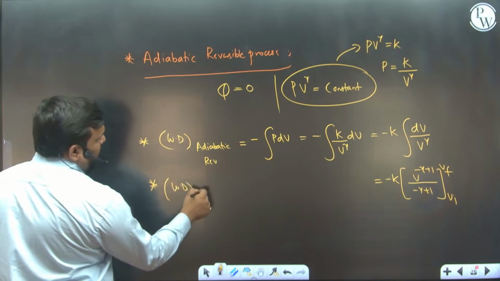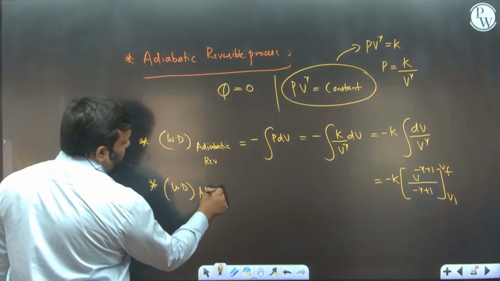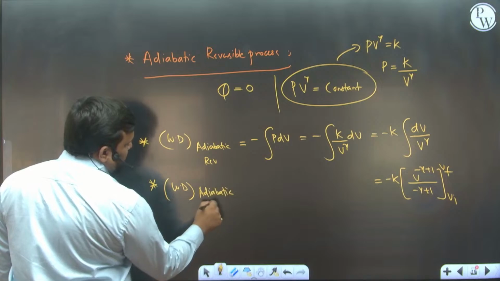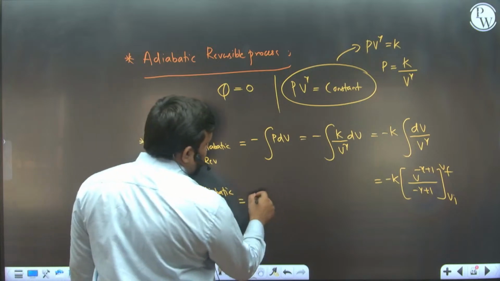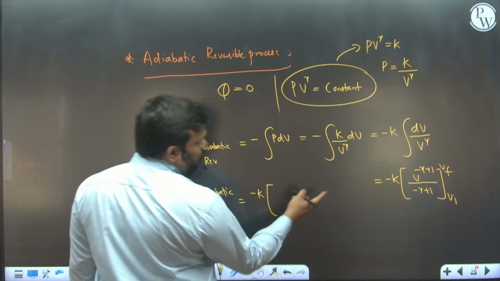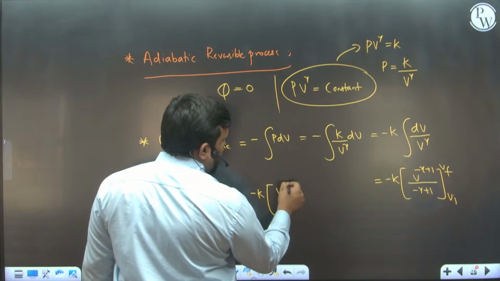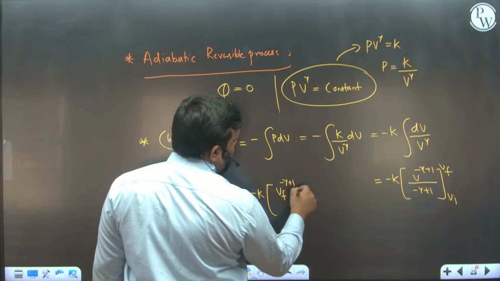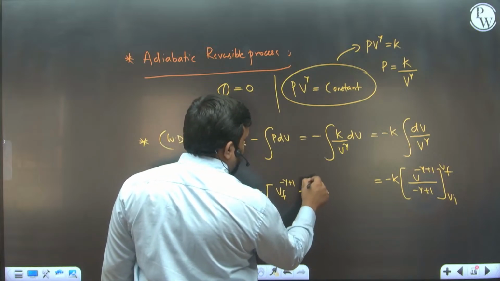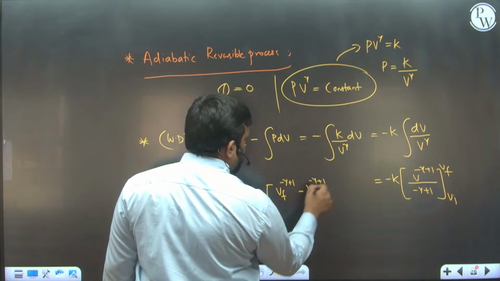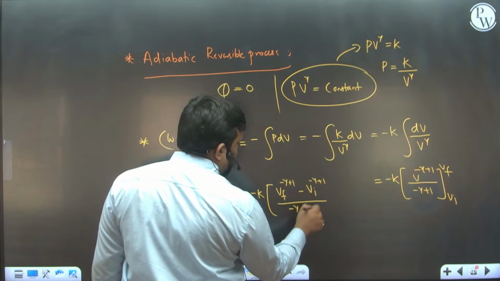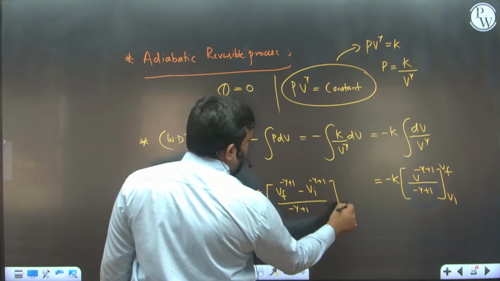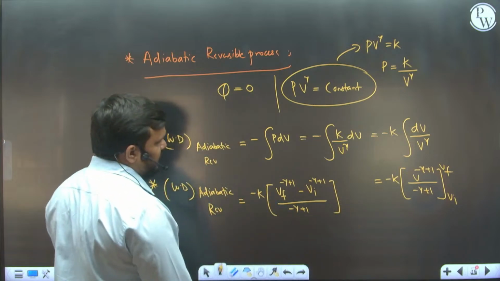Work done for adiabatic reversible process. We are getting how much? Minus K into V final power minus gamma plus 1 minus V initial power minus gamma plus 1 upon minus gamma plus 1. Limits I already put inside.